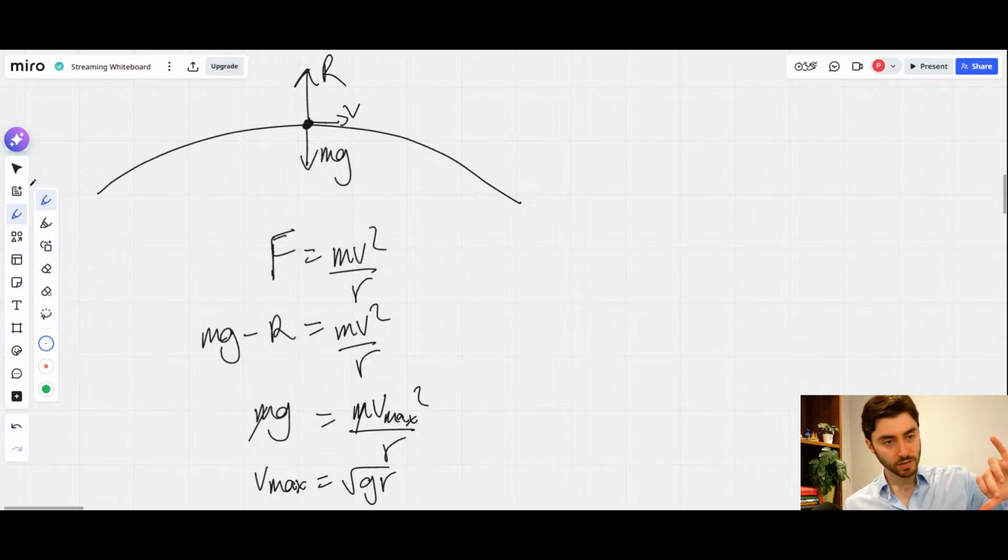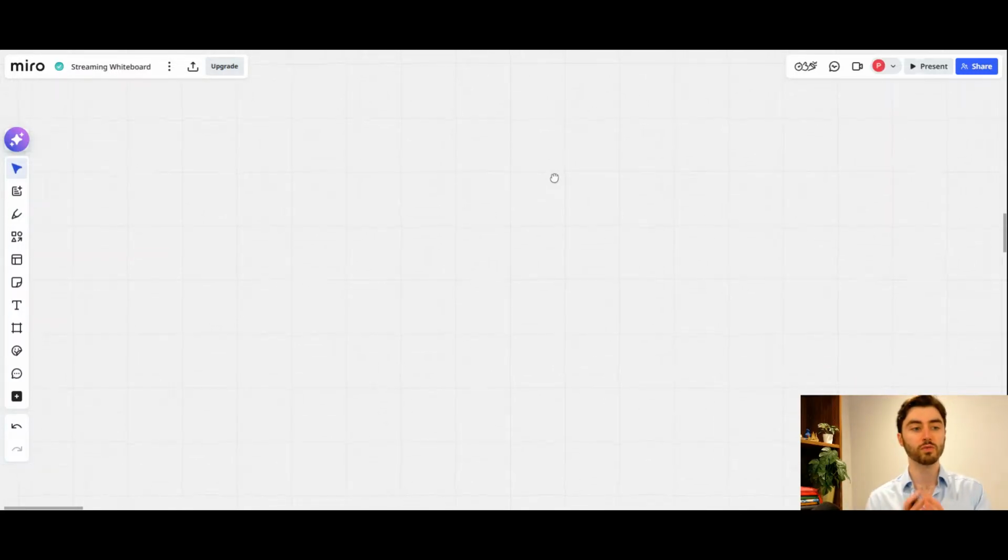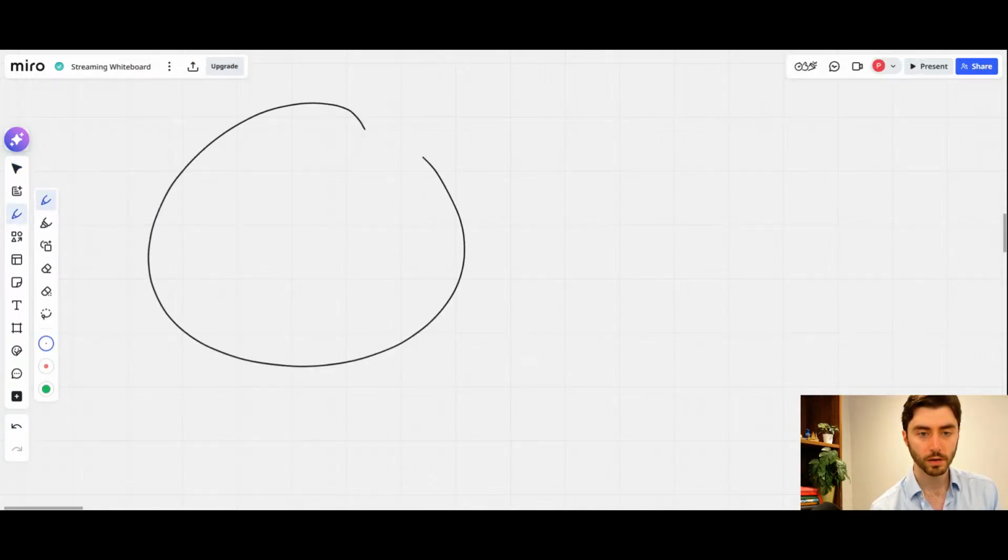Another application on roads is to consider motion on a roundabout. Now, if we're considering a roundabout, and this is your car, the weight would be acting into the plane of the paper. The reaction force would be acting out of the plane of the paper.